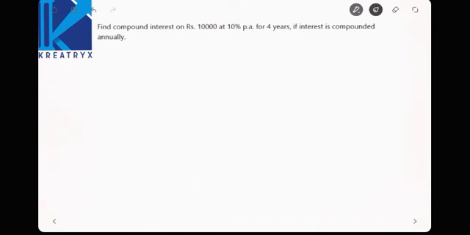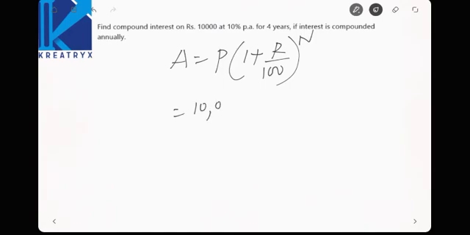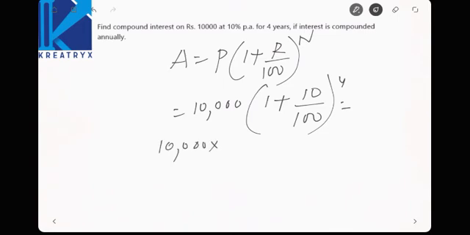Now see here, the amount is equal to P into (1 plus R by 100) to the power of N. Now substitute the given values, you will get 10,000 into (1 plus 10 by 100) to the power of 4. That will lead you to 10,000 into (11 by 10) whole to the power of 4.